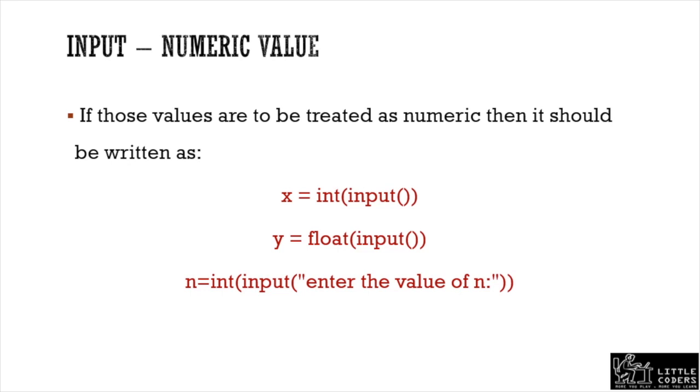That is, if I have n is equal to int of input, within the input parenthesis I have put "enter the value of n", enclosed within double quote signs. When it is executed, it will simply display "enter the value of n". So immediately I will give the value of n as an input and press enter on the keyboard. It will read the value and store it as n.